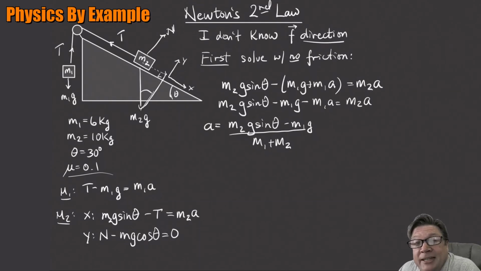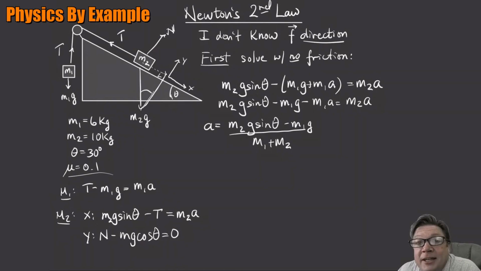Okay, let's look at this. Instead of just blindly plugging numbers in, let's look at individually what they are. The temptation, and I do this too, is to just start plugging numbers in and get an answer for a. But look at each term. I think there's some value to looking at the terms individually. m2g sine theta, what is that? m2g is the force of gravity on m2, the weight of m2.